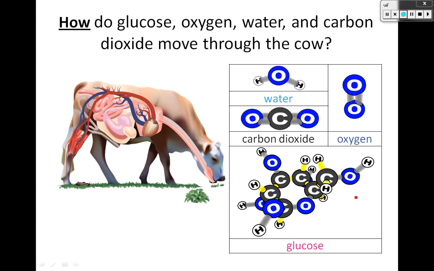There's actually a fourth molecule in this, and that's water. So we've got our water, H2O, that's up here. We've got our carbon dioxide. We know we're exhaling that, so that's right here, CO2. We've got our oxygen, that's right here, that's O2. And then we've got our glucose. So the primary monomer that we are going to use in this exothermic reaction is glucose.